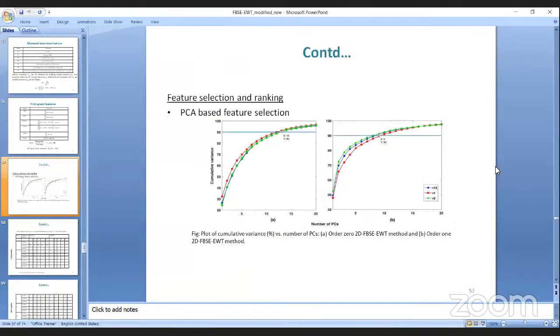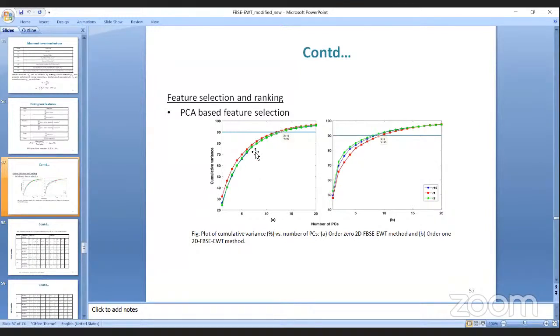So these three sets of features we have computed from the subband images obtained from the fundus images. For feature selection, we have applied a principal component analysis based method. Here you can see the cumulative variance versus the number of principal components plotted. For 13 principal components, this plot gives you 90% cumulative variance.